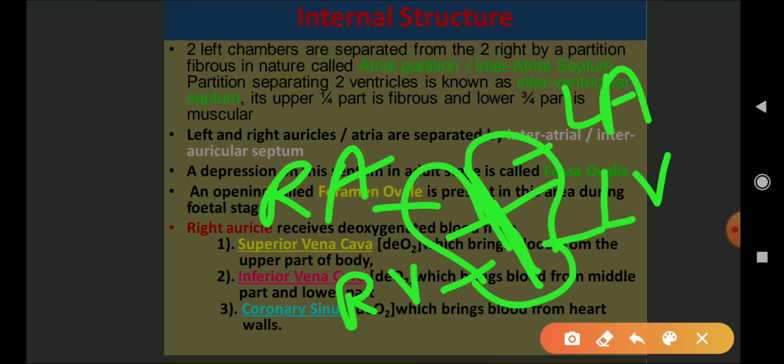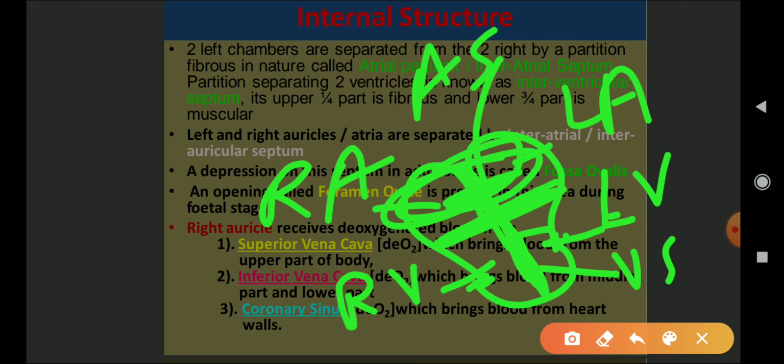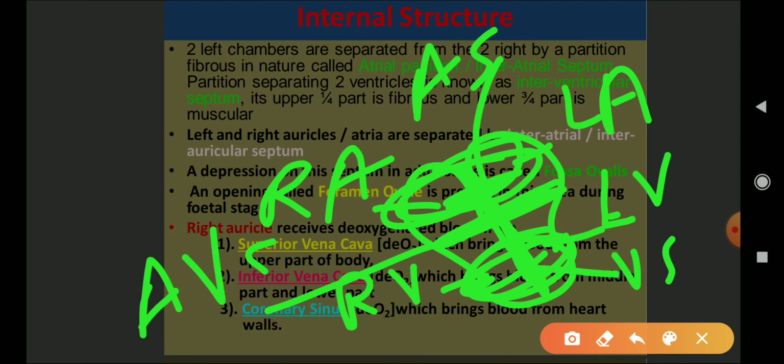The septum between the auricles is known as the auricular septum. The septum between the ventricles is known as the ventricular septum. The septum between the auricles and ventricles is known as the auriculoventricular septum.